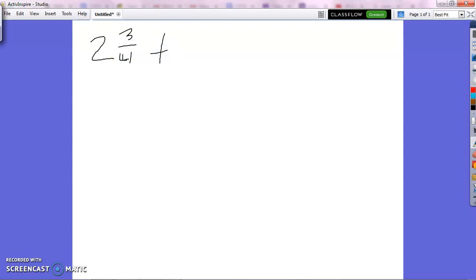The first thing I'm going to do, like always, is find the least common denominator. I can think of 4 and 5, and I know that the least common denominator is 20. So I'm going to multiply this by 4 and this by 4, and then over here, I'm going to multiply by 5 and this by 5.